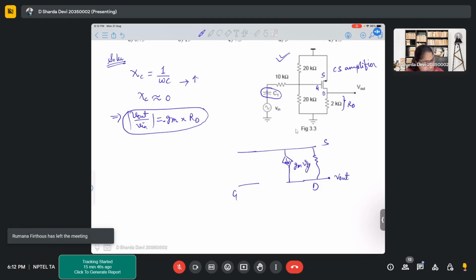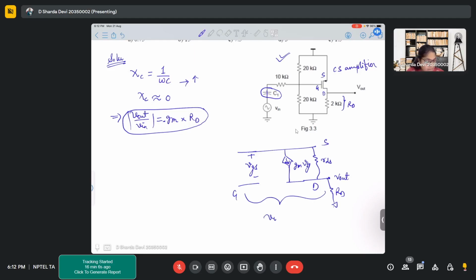When we say your gain is gm into RD, it is only for this particular configuration, where your V in is actually VGS or VSG.